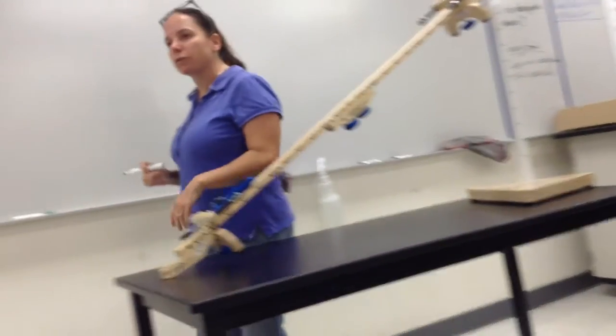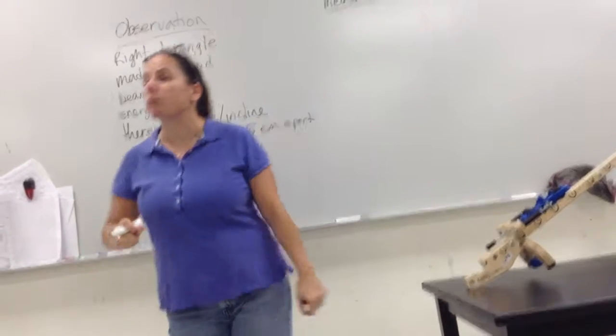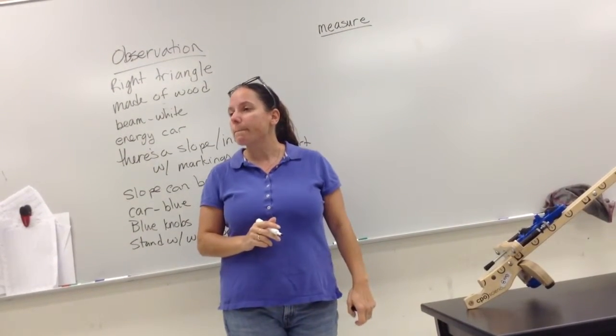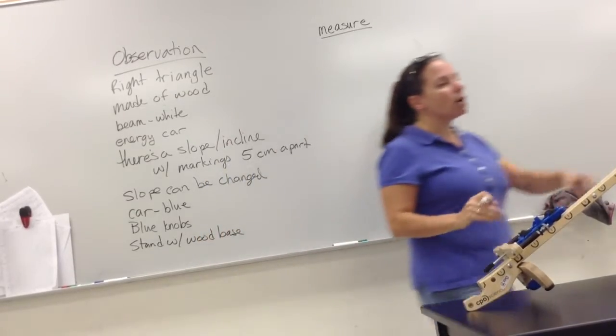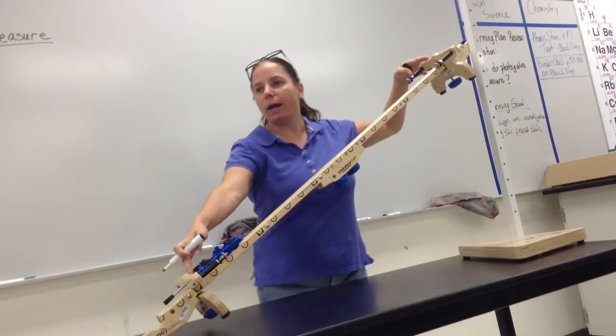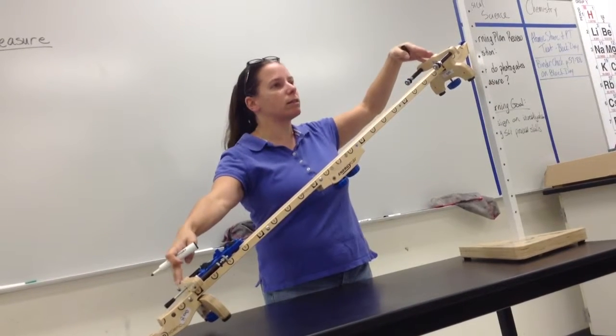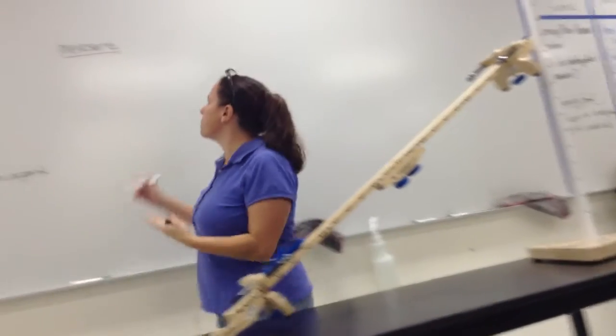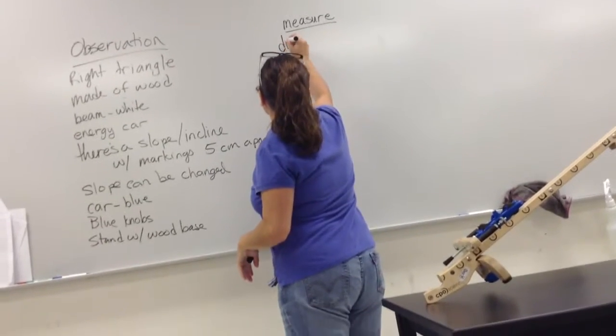Distance. Distance where? Be a little more specific. Distance across the beam. The distance across, are you talking this one or this one? The other one. Okay, the ramp? Yeah. Okay, so are we okay to call this a ramp? Yeah. Okay, so we'll say we can measure the distance of the ramp.